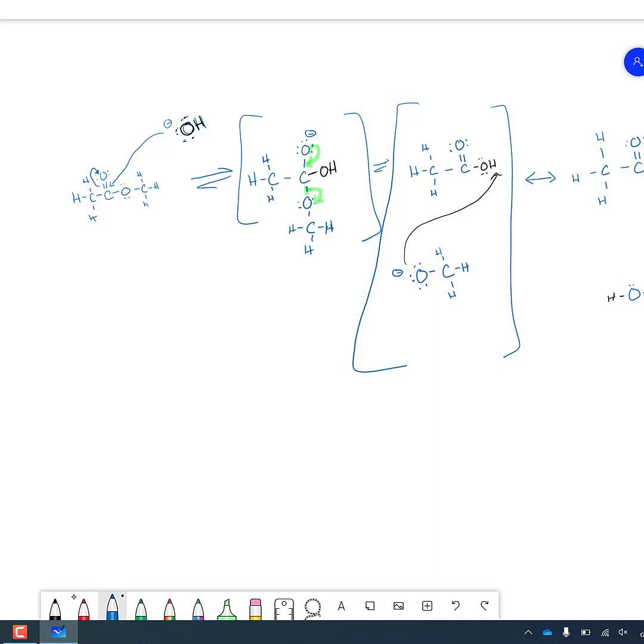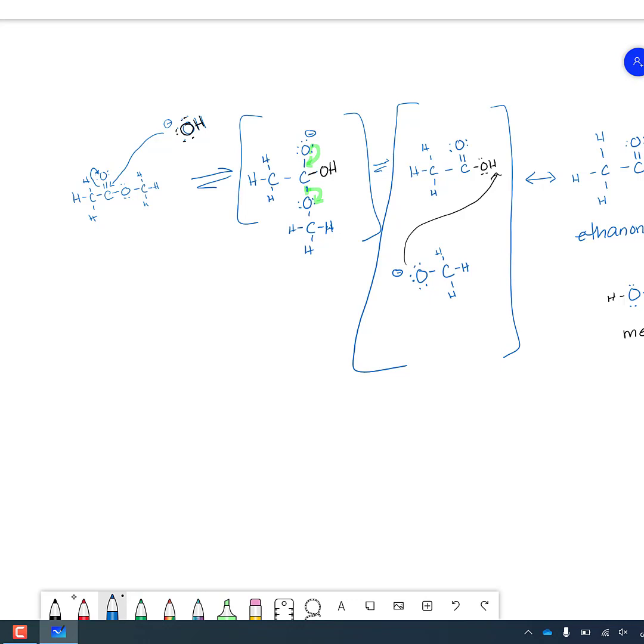And it is complete. And we now have an ethanoate ion which is essentially done and will pair with a free sodium ion in solution.